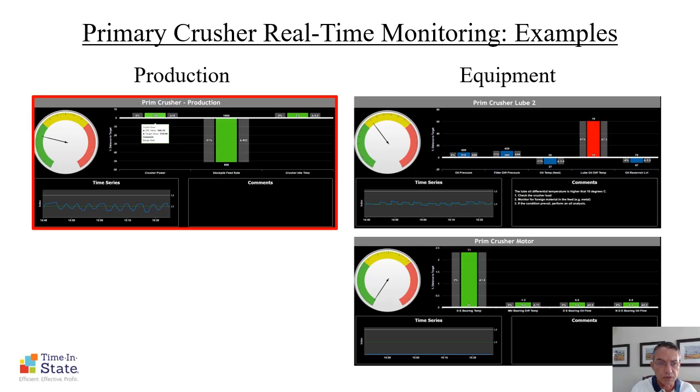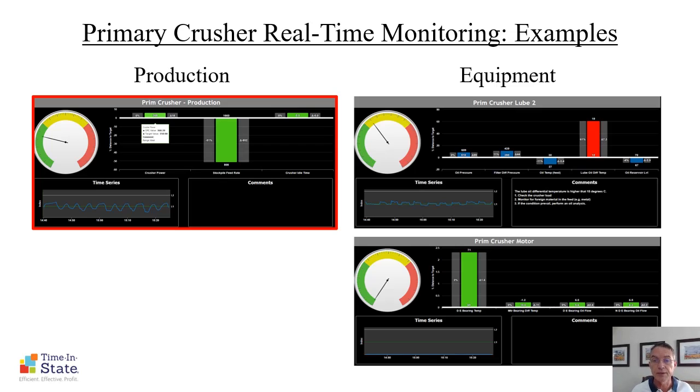Clearly, the primary crusher from a process point of view is not a complex process, and therefore it's a very simplistic model monitoring production, but providing useful information. On the next slide, we will also look at the different benefits that that particular model delivers.